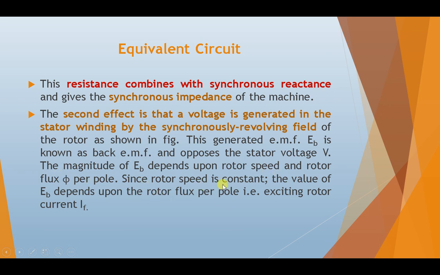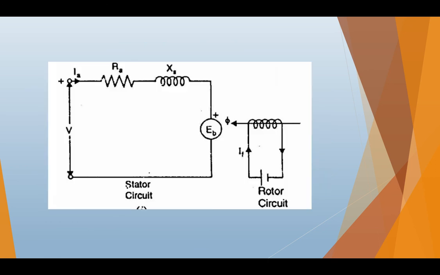Since rotor speed is constant, the value of EB depends upon the rotor flux per pole, that is, the excitation current IF. So this is the equivalent circuit of a synchronous motor.